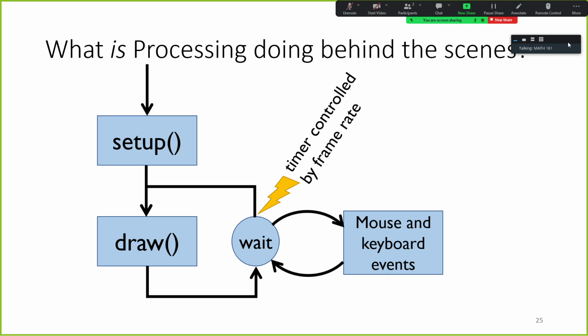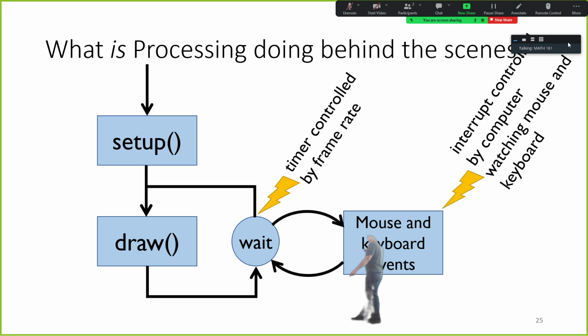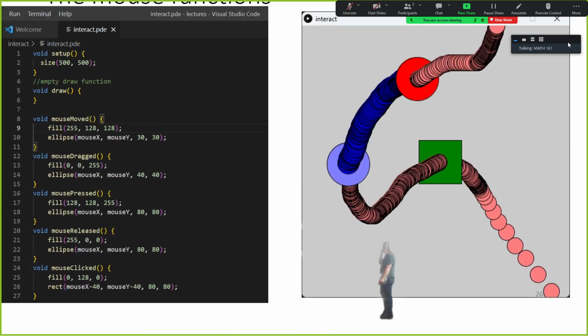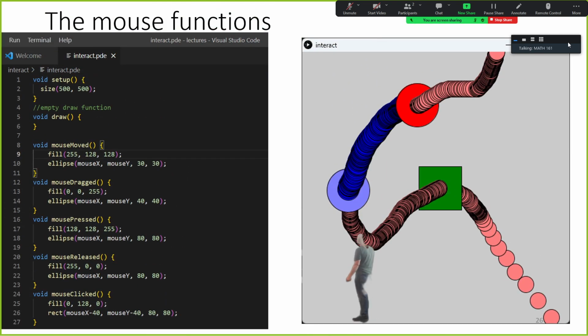And then comes back out, it's waiting for the next frame update, and then it can process those keyboard and mouse events independently. Right? So those are interrupts, if you do mouse is pressed, that will operate independently of the draw loop and process it.